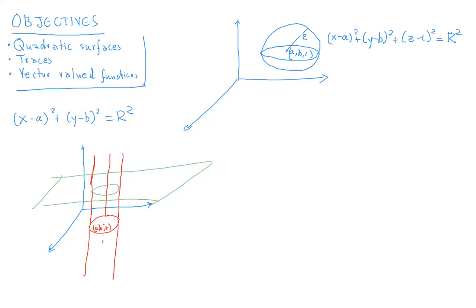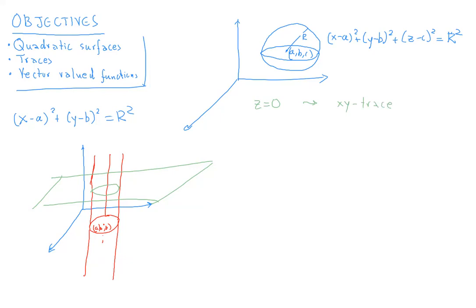So when we have a quadratic surface, we might ask, what is its intersection with different planes, and try to piece together what the surface will look like just by knowing what the intersections of the surface with a plane will look like. In particular, if we take the intersection with the xy plane, the xy plane has equation z equals 0, and then we obtain the so-called xy trace.